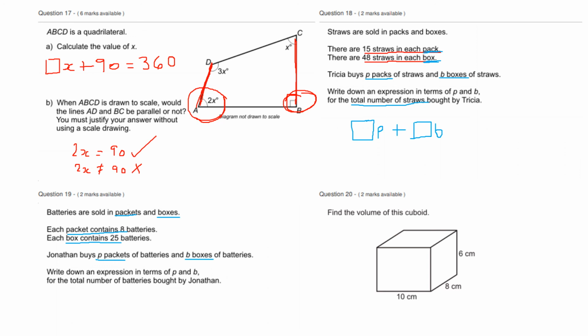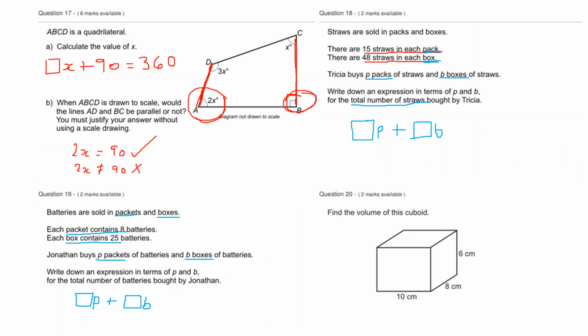We don't know how many packets he bought, but we know in each of those packets he's going to get 8 batteries. And again with the boxes, we don't know how many he bought, but we know in each one he's going to get 25. So you just need to fill those numbers in like that.